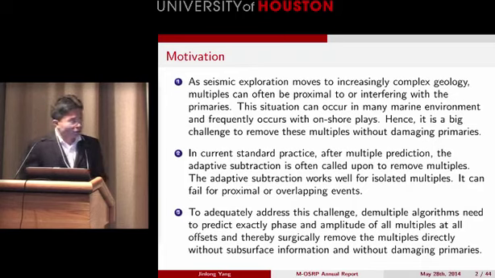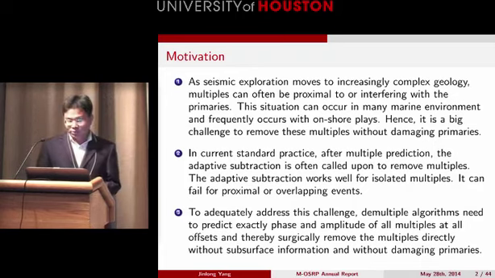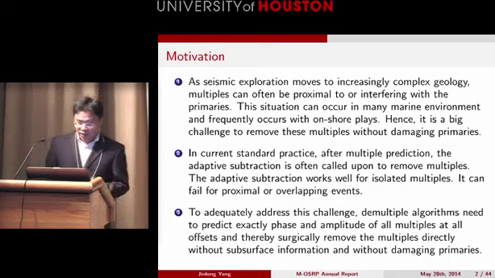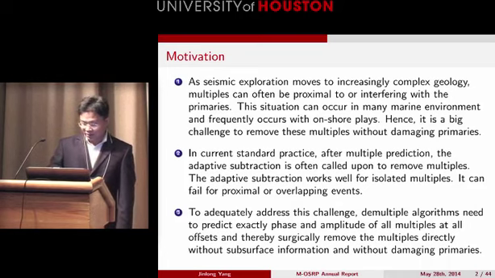So to address this challenge, we want the multiple algorithms to predict exactly the phase and amplitude of all multiples at all offsets, and thereby we can surgically remove them directly and without subsurface information and without damaging our primaries.